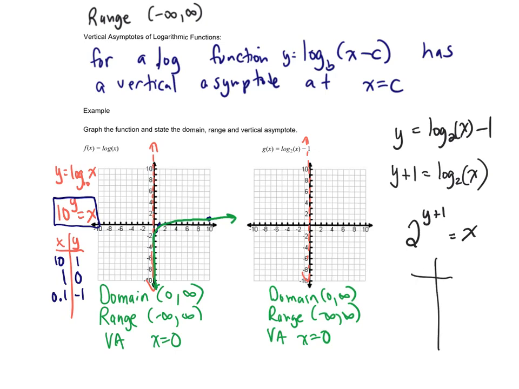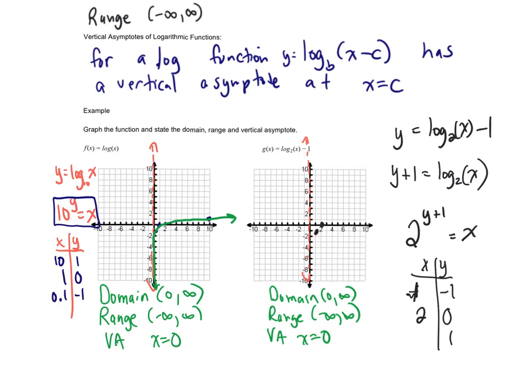And so it's the same concept. We have x and y. I'll do -1 for y, and 0 and 1. So if I do -1, that gives me 2 to the 0, which is 1. So we have the point (1, -1), which is right there. If I do 0, I have 2 to the first, which is just 2. So that's (2, 0), which is right there.